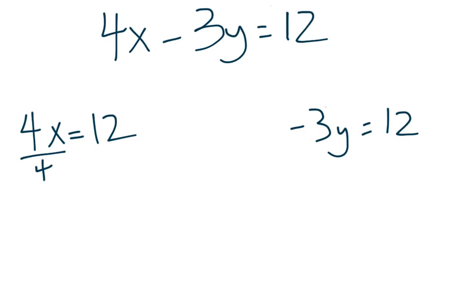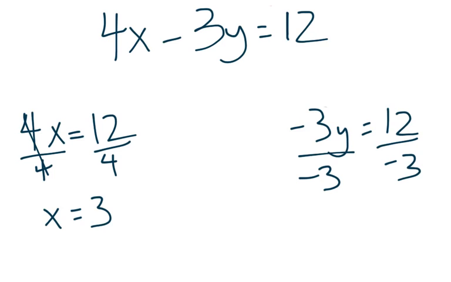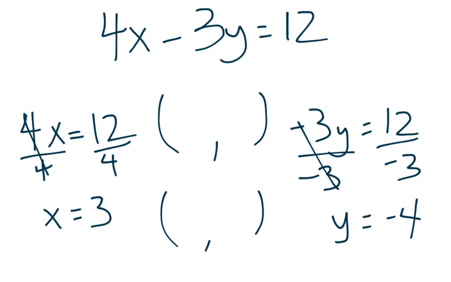We're going to divide by 4, and we get that x equals 3. Over here, we're going to divide by negative 3, and we get that y equals negative 4. Writing our 2 points, in this example, x is 3, so it goes first.